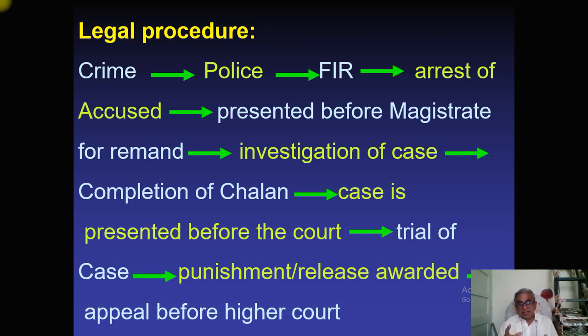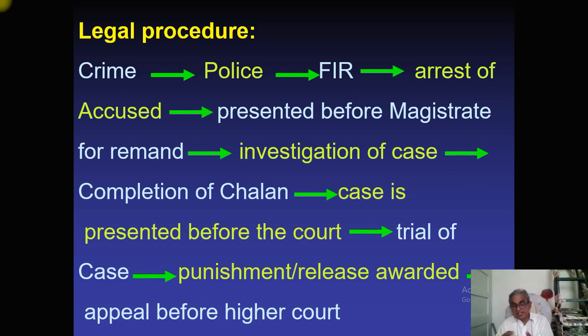When a crime is committed, police is informed, police register the FIR, then police will arrest the accused person. It is the duty of the police to present this accused person before the court of magistrate within 24 hours for award of remand, for permission of physical custody for the purpose of investigation.